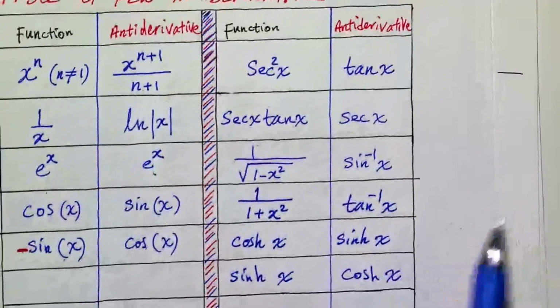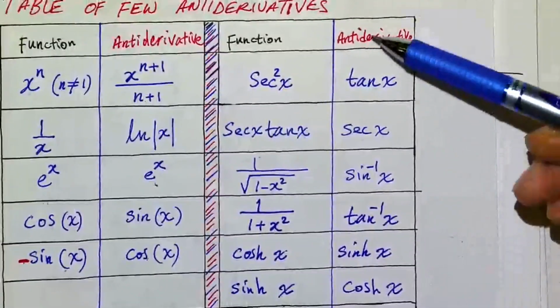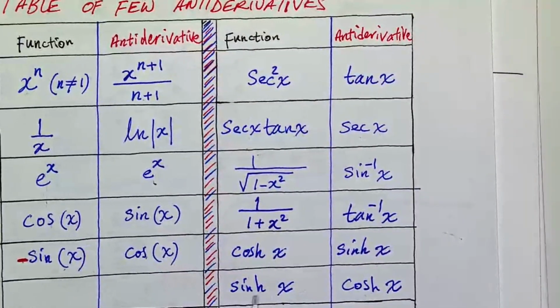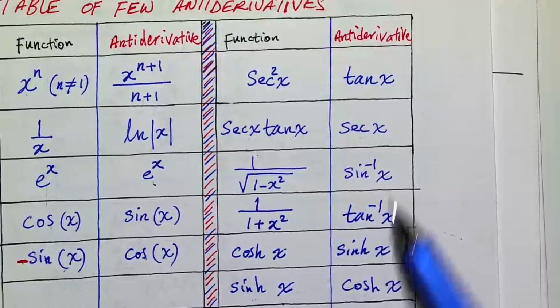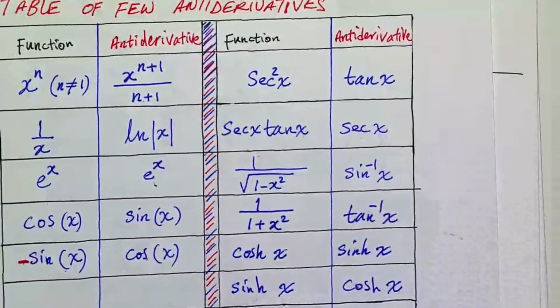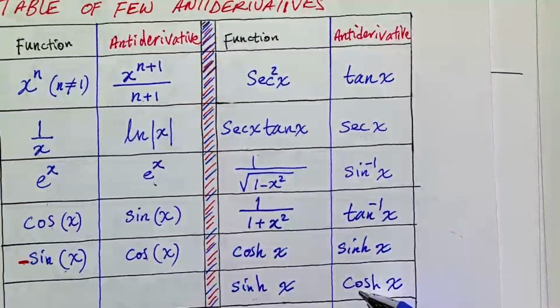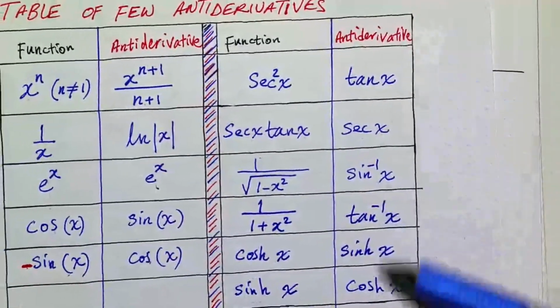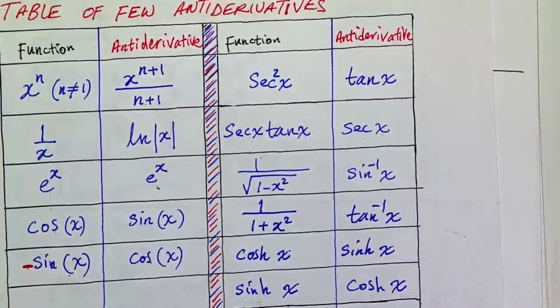Let me bring this table down so you can see the headings. This is what we have in our function. The antiderivative of that term will be hyperbolic cosine. For hyperbolic sine, the antiderivative is hyperbolic cosine.